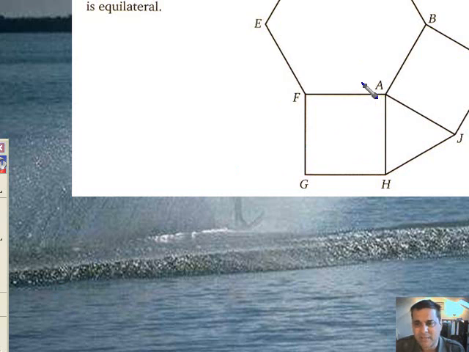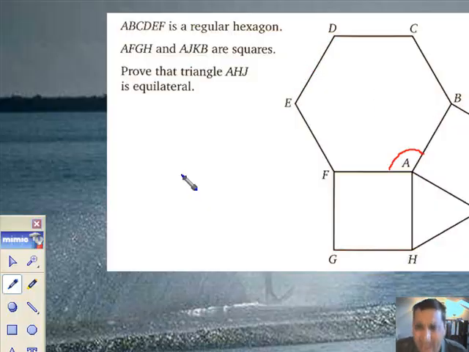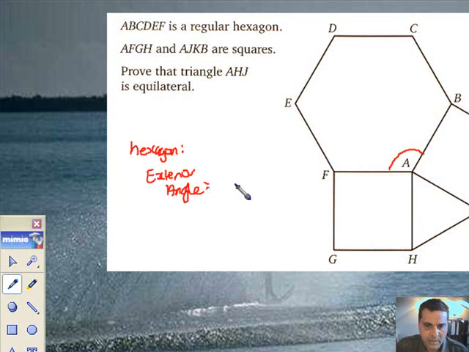So first step, let's just work out what this angle A is going to be, and then we'll go from there. Well, it's a regular hexagon, so first we're going to do the exterior angle of a hexagon. So let's write the word hexagon here. I'm going to do the exterior angle. Always start with that. What is it?